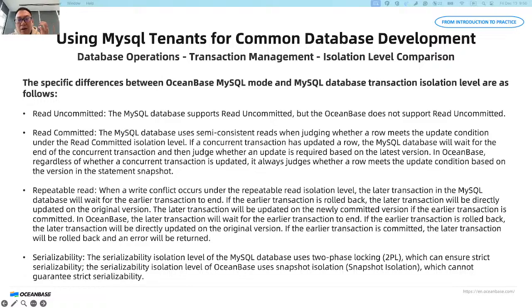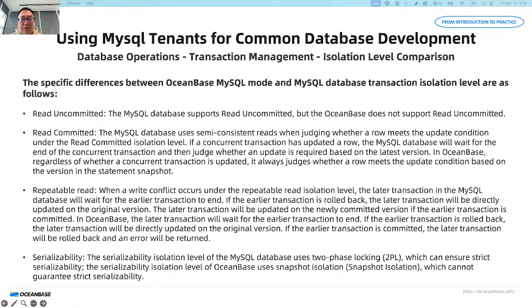If the earlier transaction is committed, the later transaction updates the newly committed version. While in OceanBase, the later transaction also waits for the earlier transaction to finish. However, if the earlier transaction is rolled back, the later transaction updates the original version. If the earlier transaction is committed, the later transaction is rolled back and returns an error.